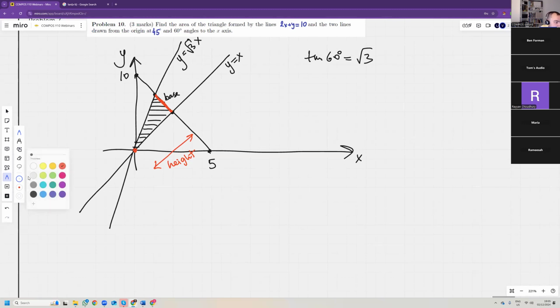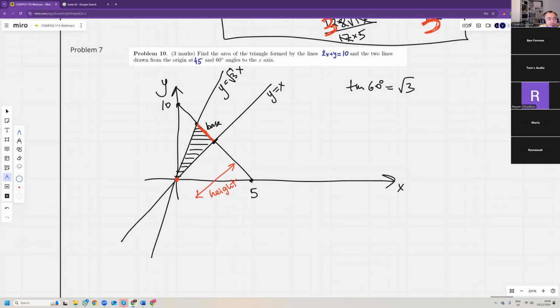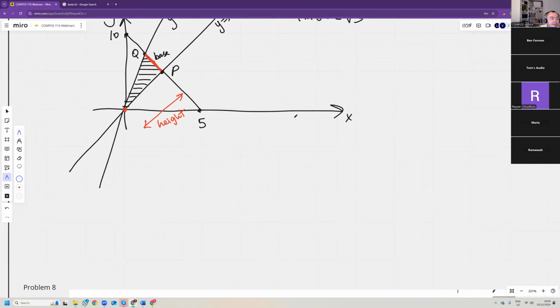All right, so let's give it a go. We need to find this point first. So let's call it P, Q. And we will need another point which is perpendicular.